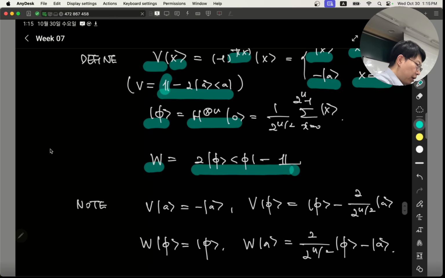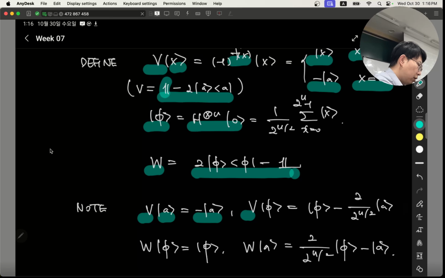So let's think about what this operator does. Operator V is sending A to minus A, obviously, that's the definition. And what happens to phi? When you apply your operator V onto phi, just put that into the definition here.